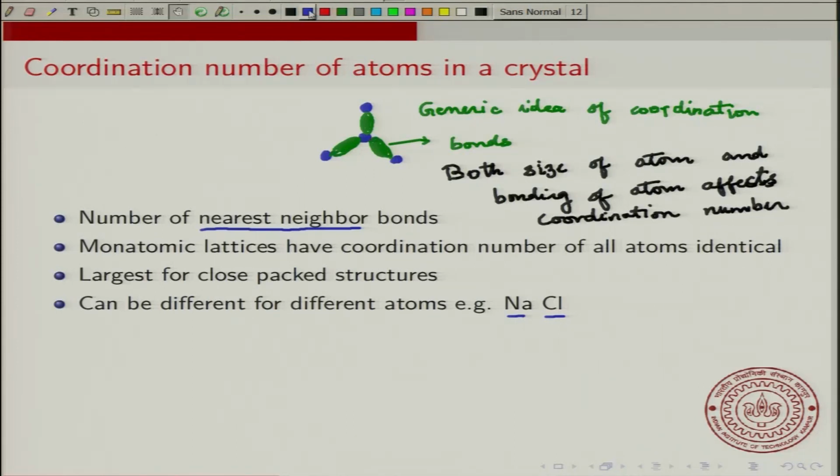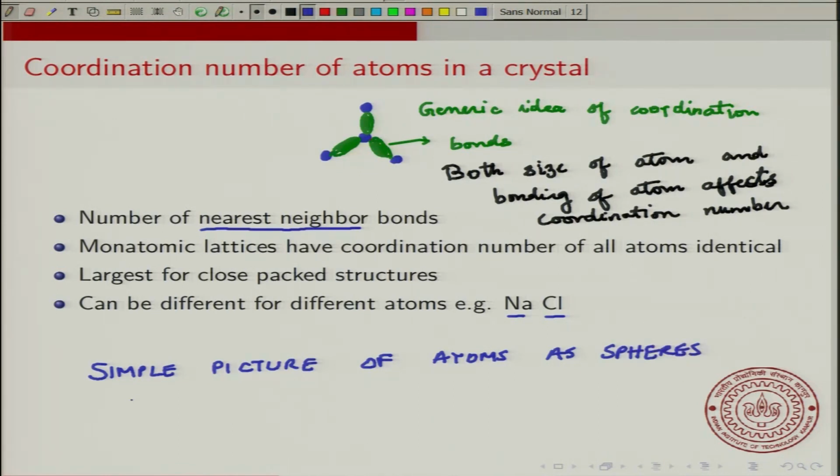So, I will just leave this point here, that the simple picture of atoms as spheres is not adequate, and we will see it very often.